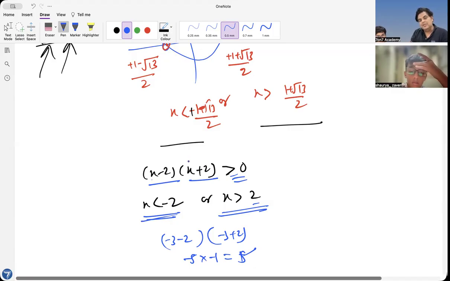Positive 12. But if you take a value in between, it is still negative. Understand? Done.